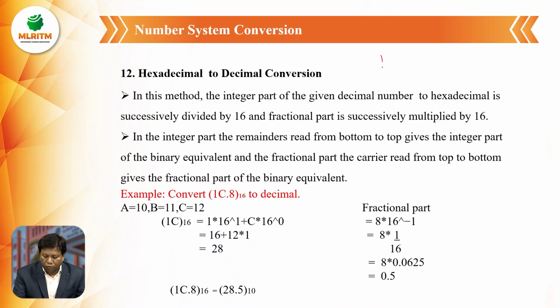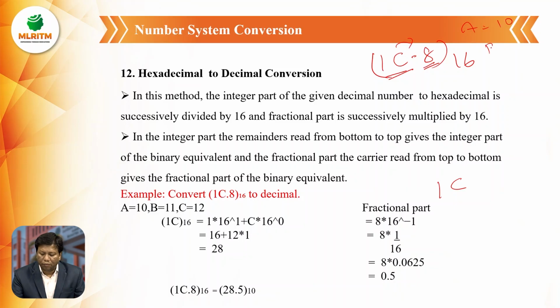Example: 1C.8 to the base 16. 1C is the integer part and 0.8 is the fractional part. First, calculating the integer part 1C, where in hexadecimal A value is 10, B value is 11, C value is 12, D value is 13, E value is 14, F value is 15.